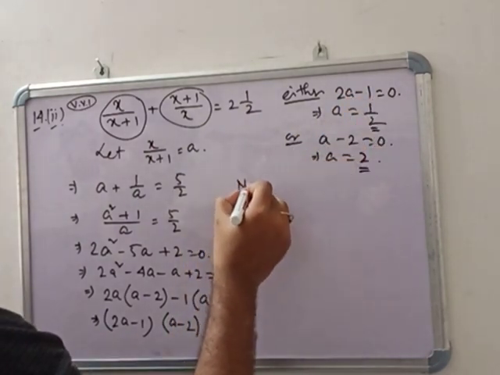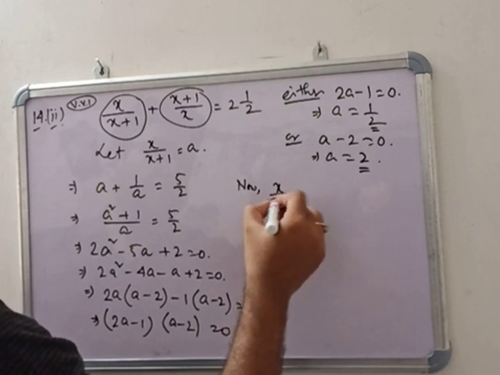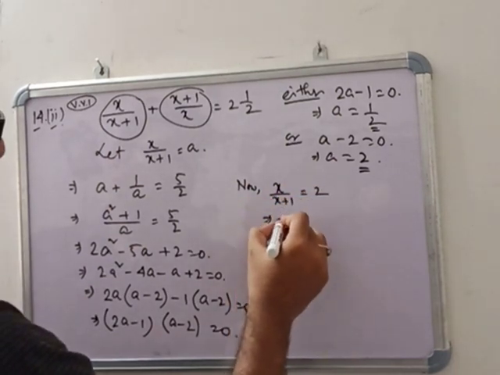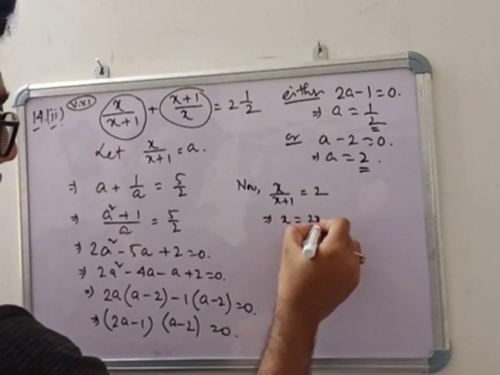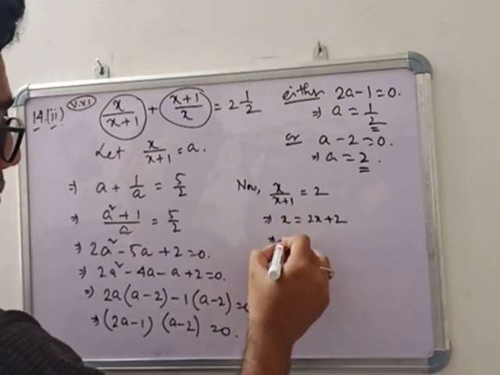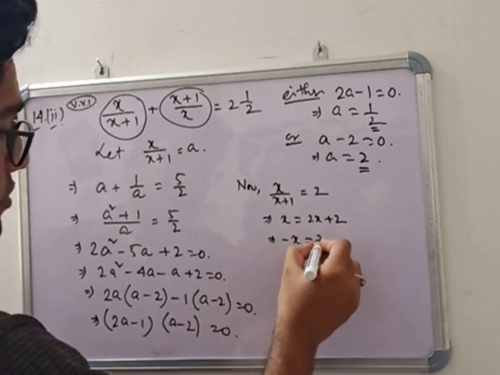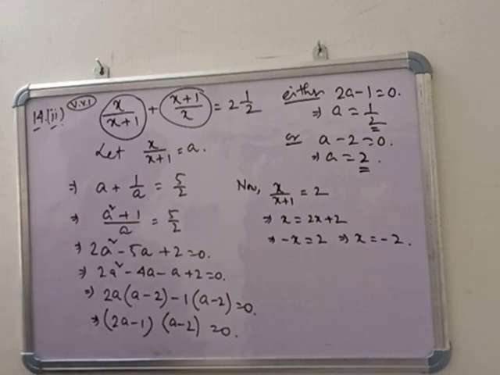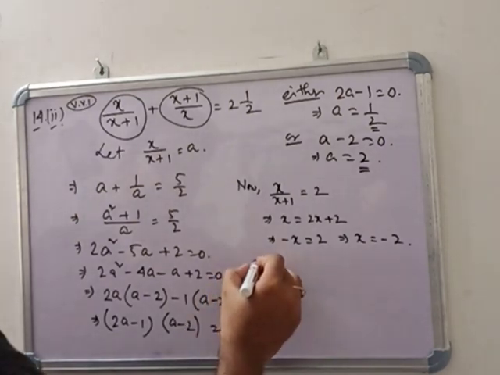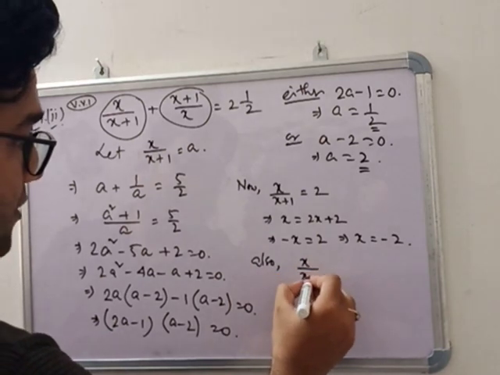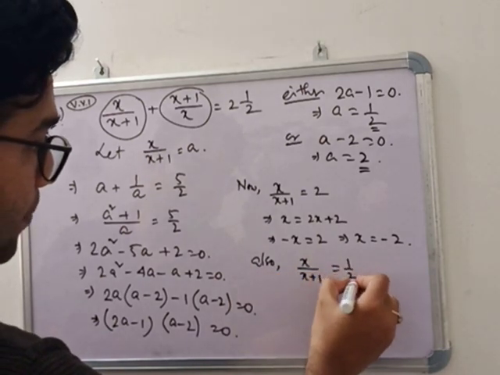So now x by x plus 1 equals to 2. That means x equals to 2x plus 2. So that means minus x equals to 2, that is x equals to minus 2. And also x by x plus 1 equals to half.